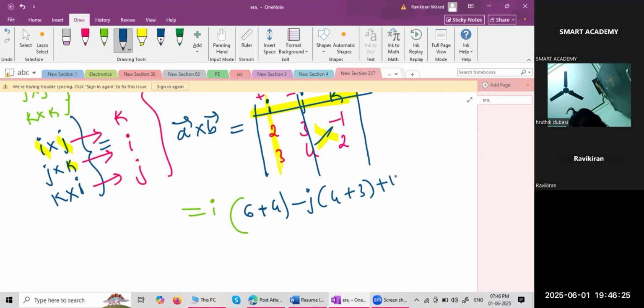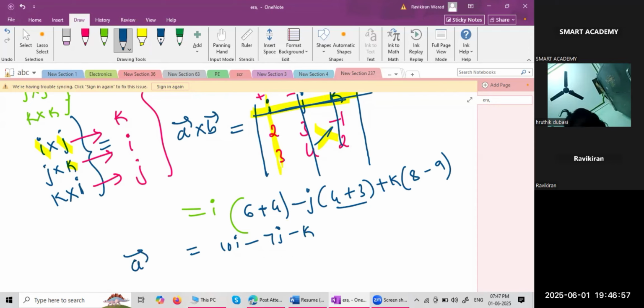Next, plus k: take it outside, leave its corresponding row and column. 4 into 2 is 8, minus 3 into 3 is 9. 6 plus 4 is 10i, minus 7j, plus k times 8 minus 9, which is minus 1, so that is minus k.